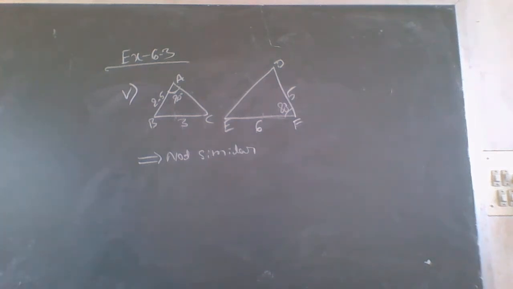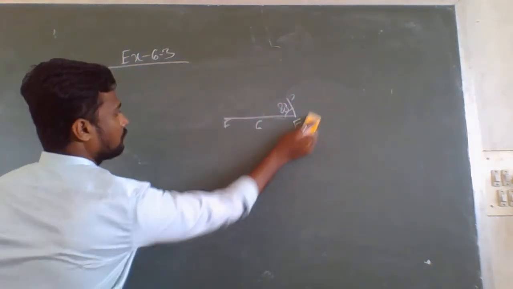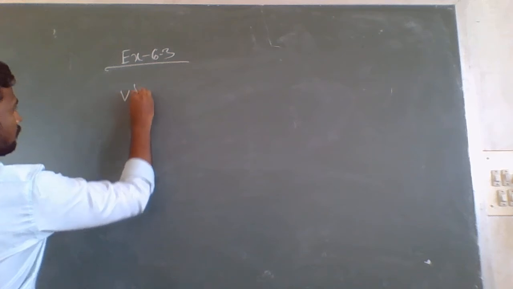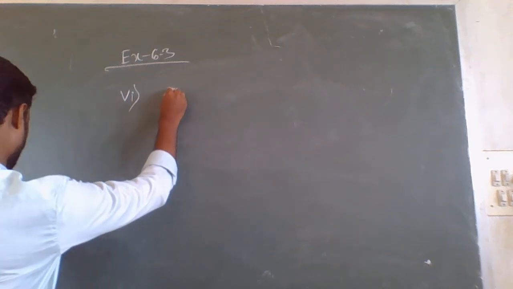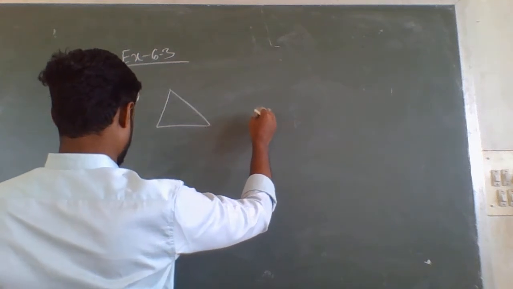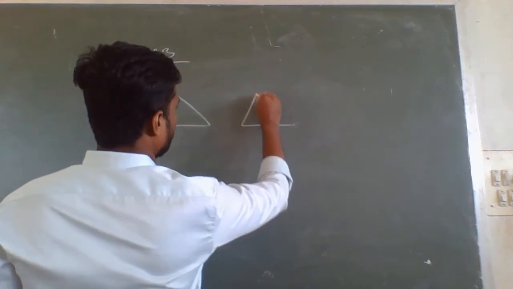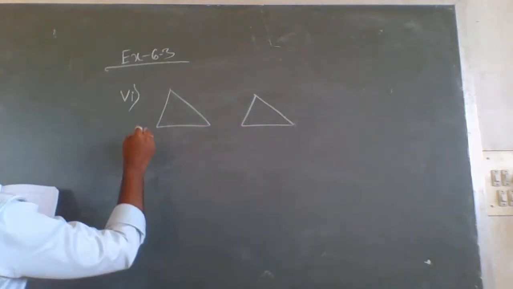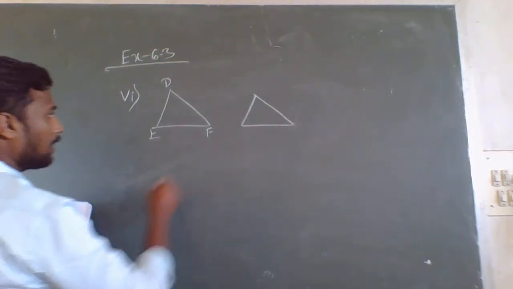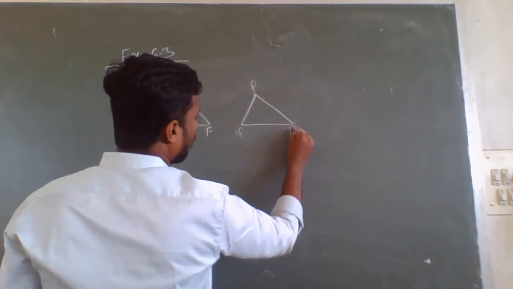Okay. Next, I will move to the sixth problem. This is triangle DEF and this is triangle PQR.